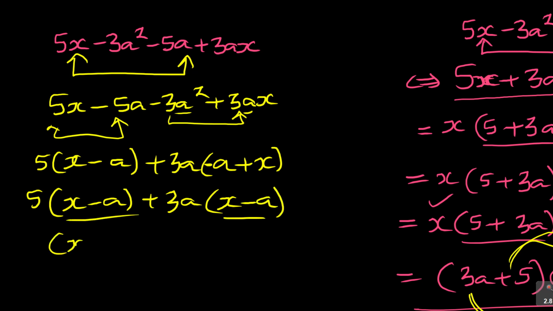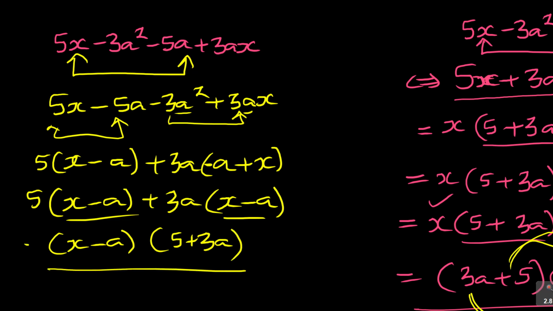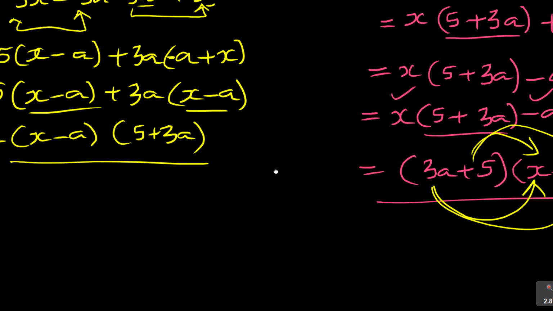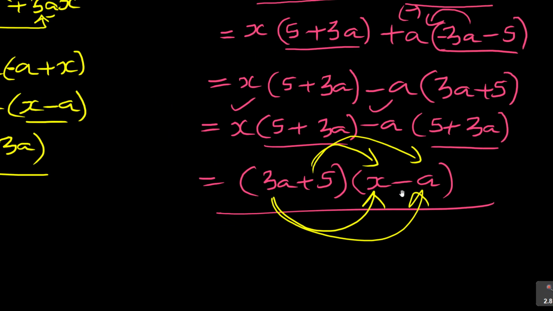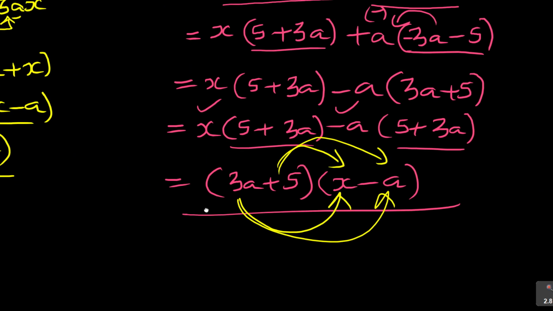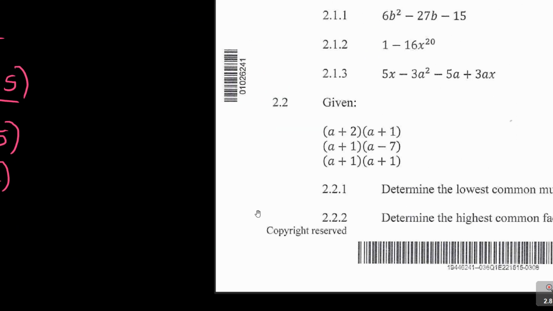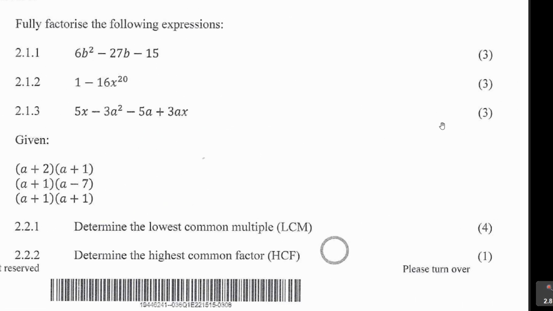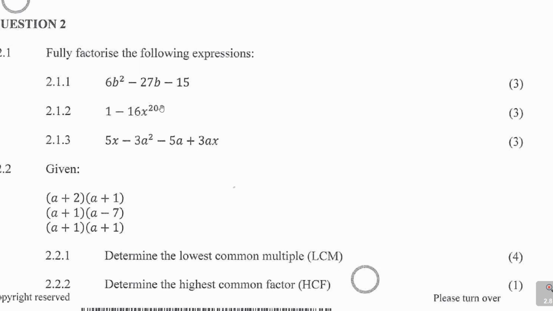So you've got x minus a, and then you've got 5 plus 3a. I think that then it's the same thing. Look at the answer here, x minus a, 5 plus 3a, 3a plus 5. Guys, it's the same thing. So that was that. 369 based on factorization.